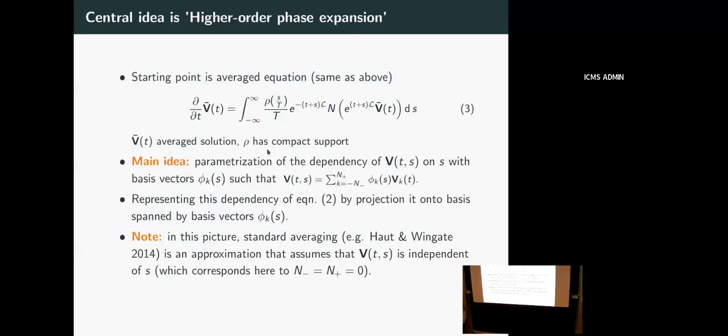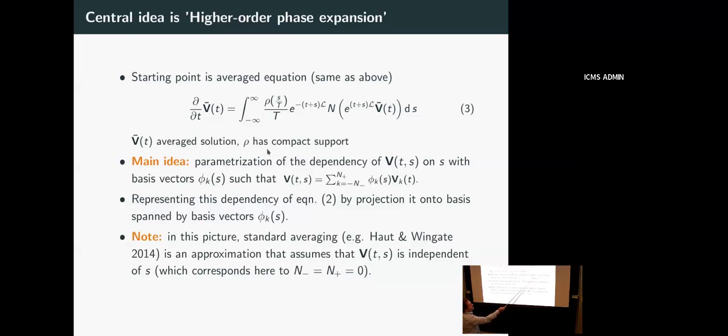And then comes the central idea of higher order phase averaging. The starting point is again this equation, right? But rather than assuming that the solution does not depend on S, on the phase, we parameterize the dependency of the solution.